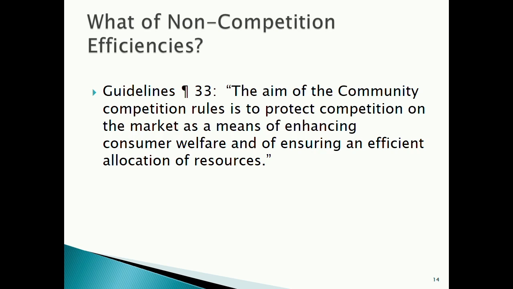Exclusive on these guidelines. You can read them as being focused exclusively and strictly on consumer welfare. Anything but consumer welfare is irrelevant in terms of the market, in terms of the gains.